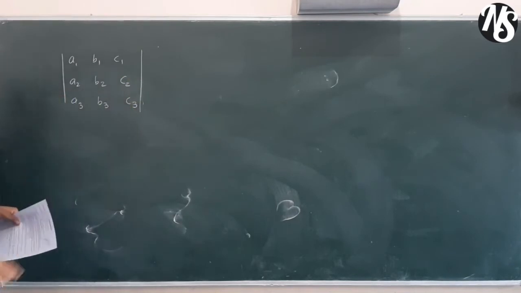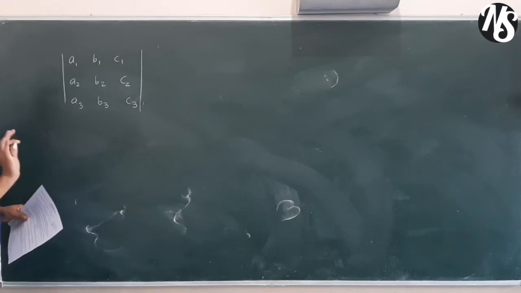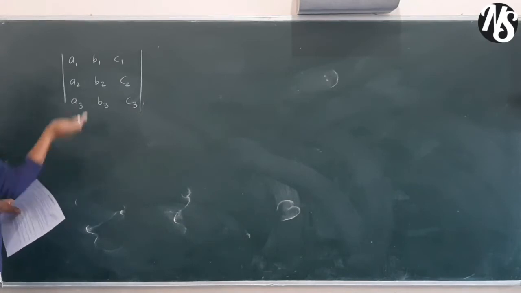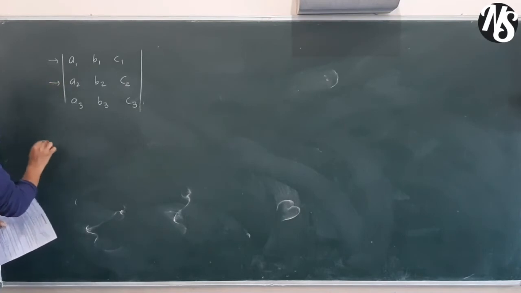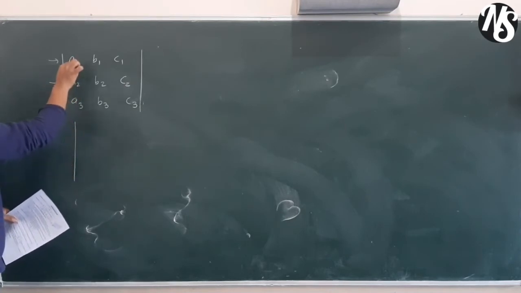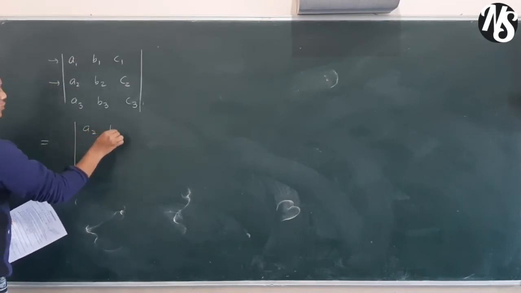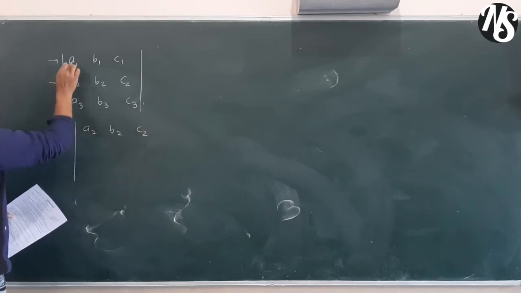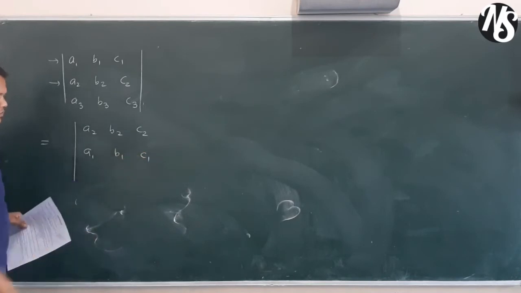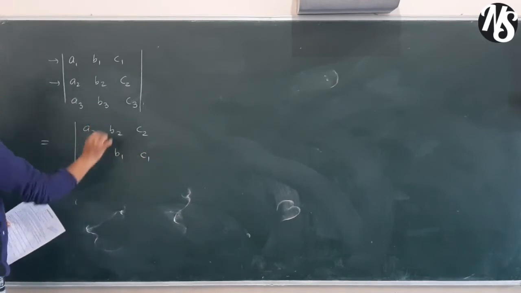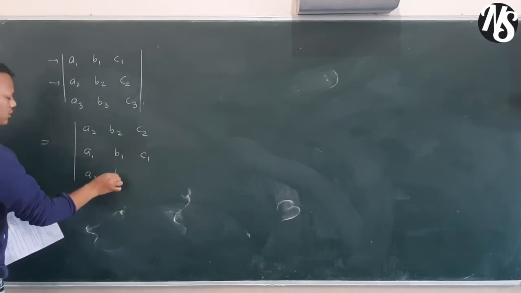So this is the given determinant. If I interchange any two rows or columns, let me change the rows. For example, let me interchange these two. If you interchange, this goes out here, so you get A2, B2, C2, and this comes here, that is you get A1, B1, C1. Yes, and the last one is kept as it is.